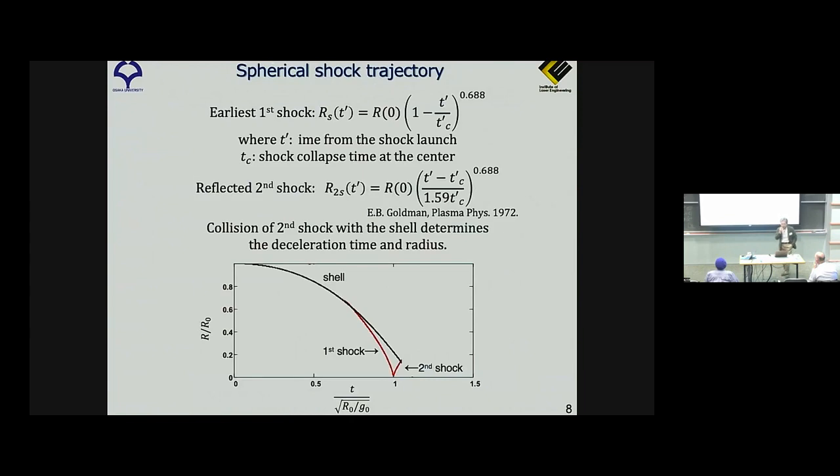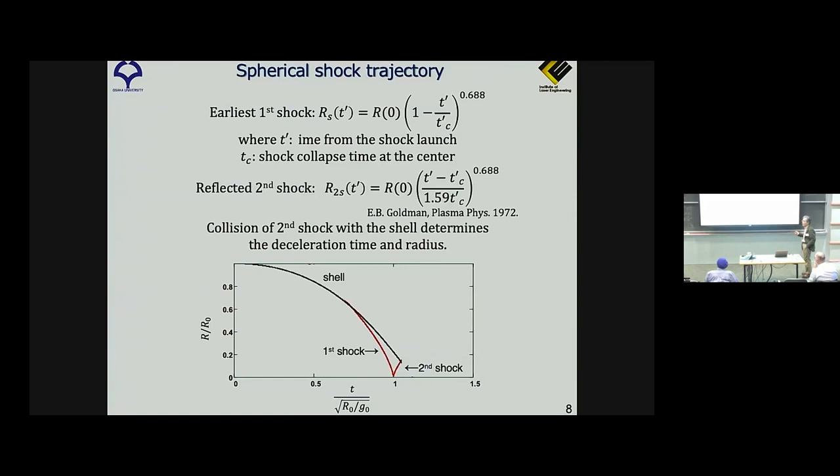And the shock, the second point, is when it becomes deceleration. That timing is determined by the spherical shock first converging and collapsing at the center, and the second shock hitting the imploding shell.